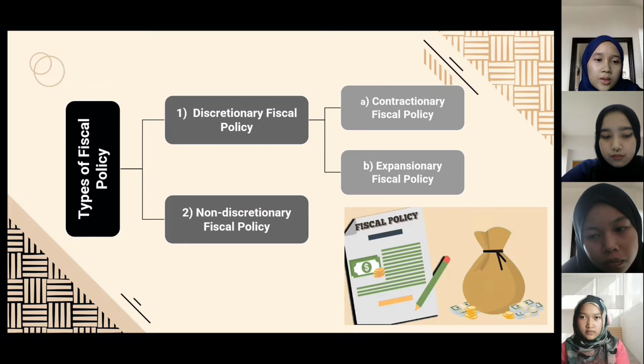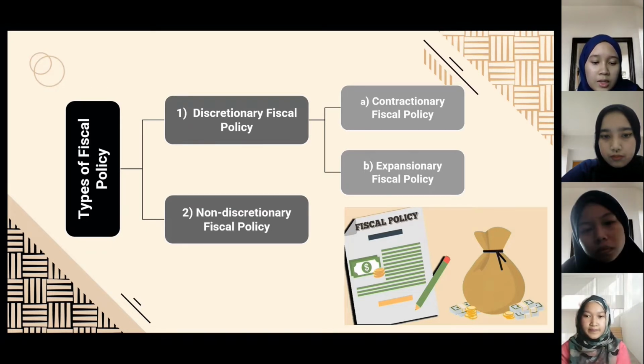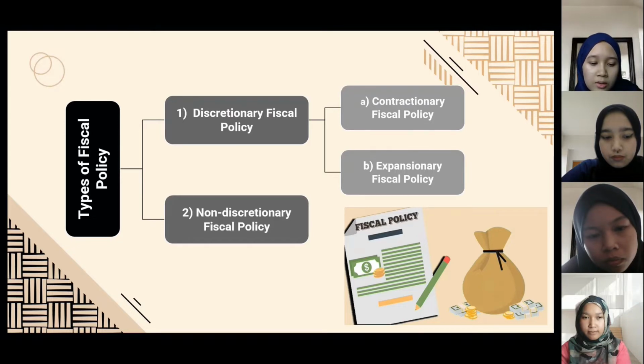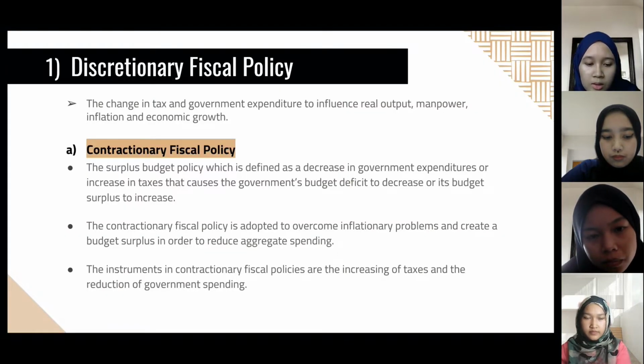Okay, these are the types of fiscal policy. Fiscal policy can be divided into two types. First, discretionary fiscal policy, and second, non-discretionary fiscal policy. Discretionary fiscal policy can be divided into two: contractionary fiscal policy and expansionary fiscal policy.